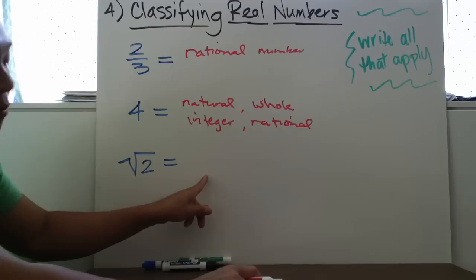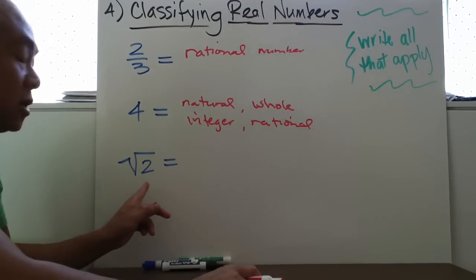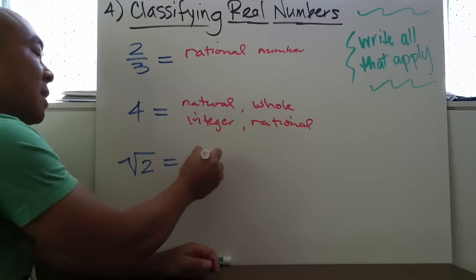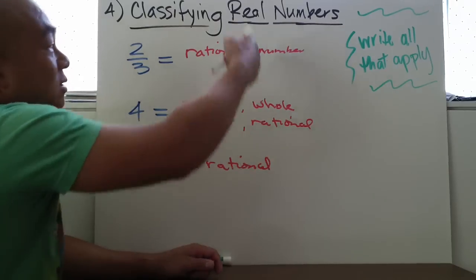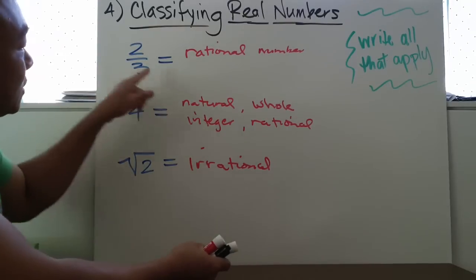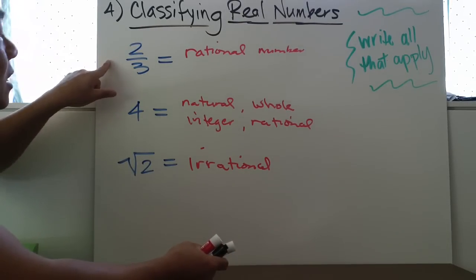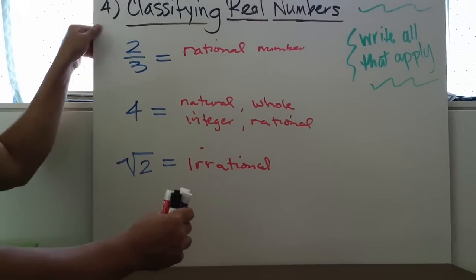Is there anything that when you multiply it by itself is going to give you 2? No, 1 times 1 is not equal to 2. 1 plus 1 is, but not 1 times 1. So this is automatically irrational. And that is how easy it is to classify your real numbers. Now, there is one thing I wanted to add to this part. 2/3, as long as they are both integers, so it could be a negative 2/3, it's still a rational number. Alright, let's see if there's anything else. Nope, that's it.